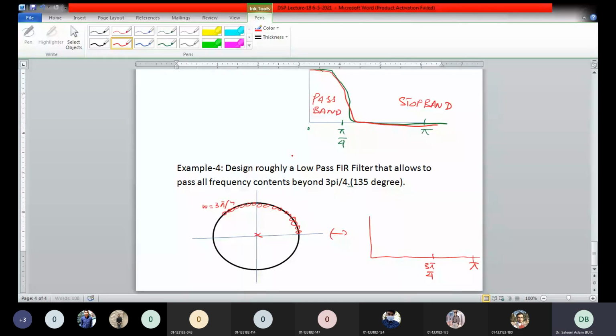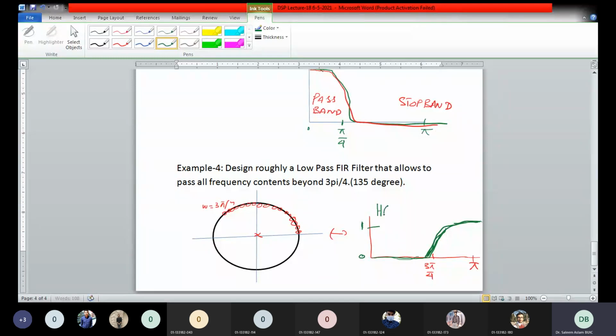So your response would be like this. You have zeros till here, and from here you have frequency response 1 till pi. So this is equal to 1 and this is equal to 0.